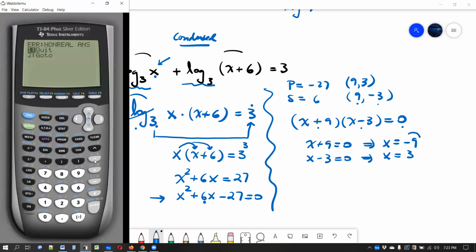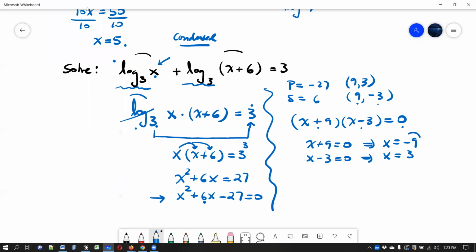The calculator says you cannot do that. So we know immediately that the answer negative 9 is already not allowed.